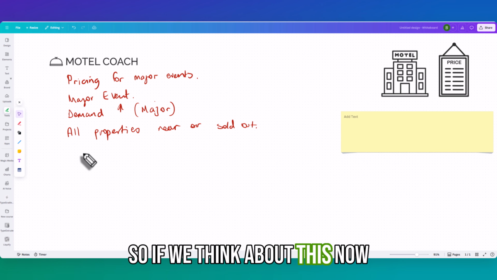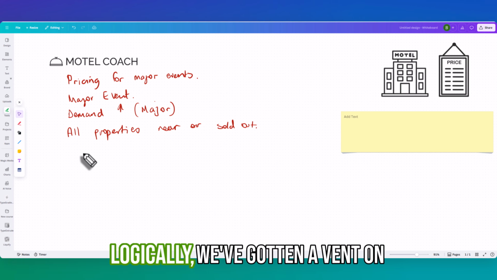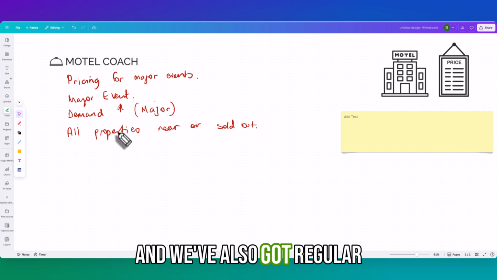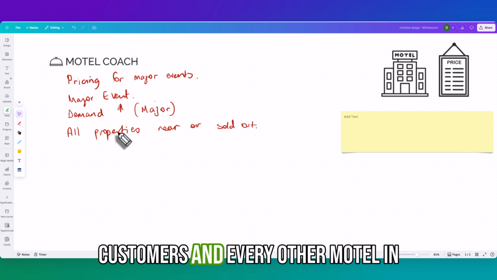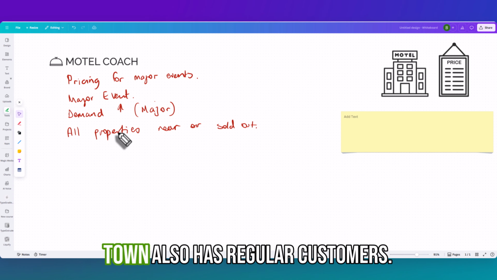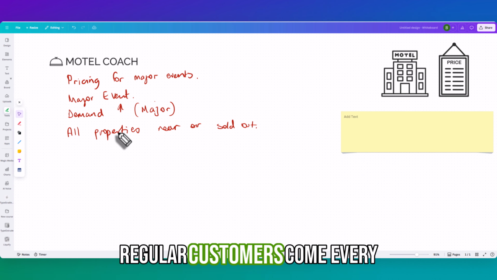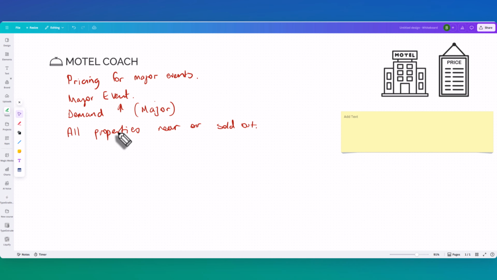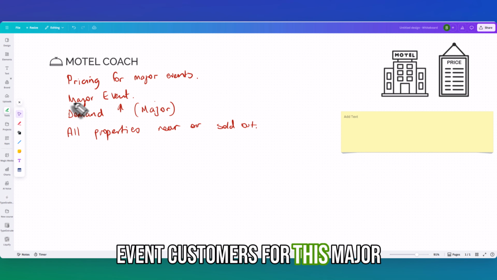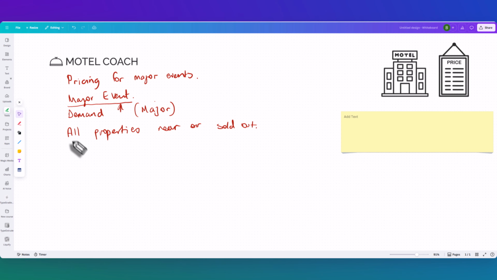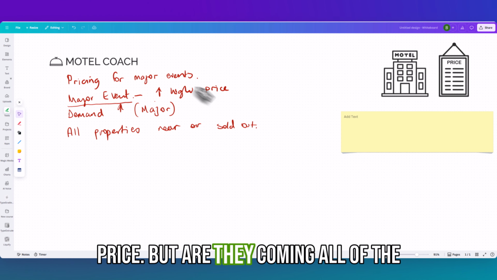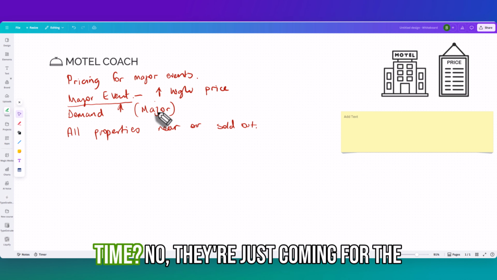So if we think about this logically, we've got an event on and we've also got regular customers, and every other motel in town also has regular customers. Regular customers come every week, week in, week out. Event customers for this major event might be willing to pay a high price, but are they coming all of the time?